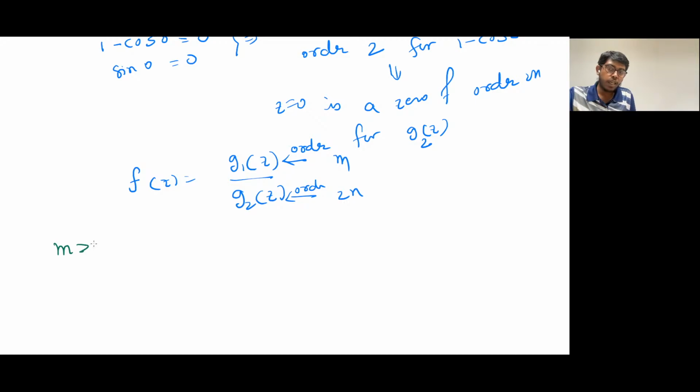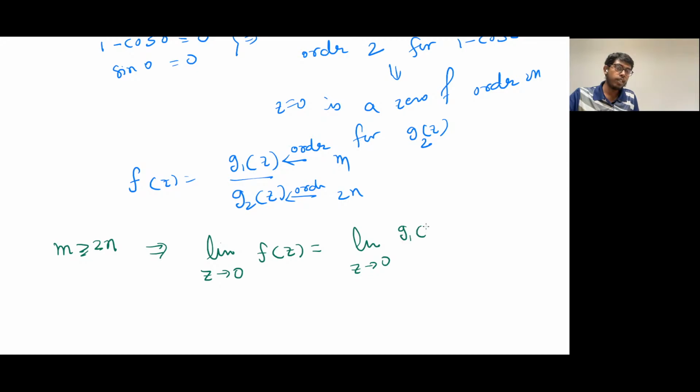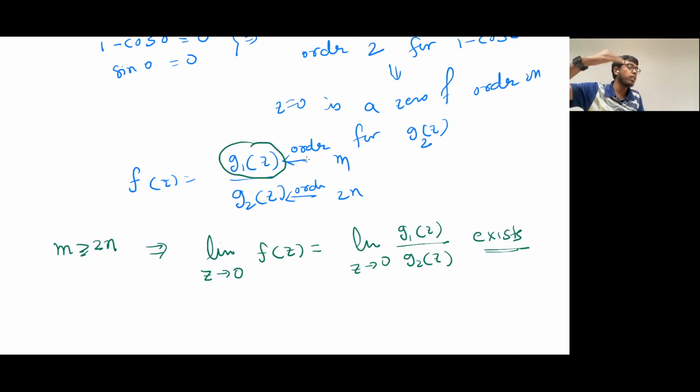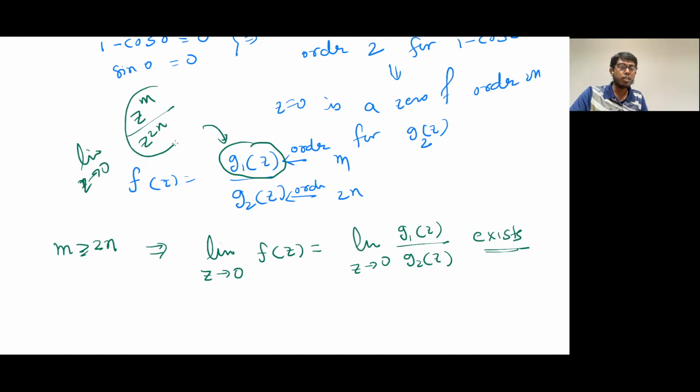If m is bigger than or equal to 2n, then the limit as z tends to 0 of f(z), which equals the limit of g1(z) by g2(z), exists. Basically g1(z) is like z to the power m, and g2(z) is like z to the power 2n.